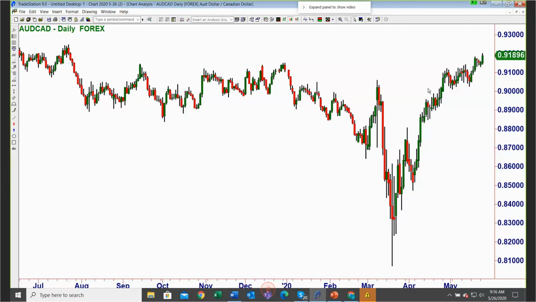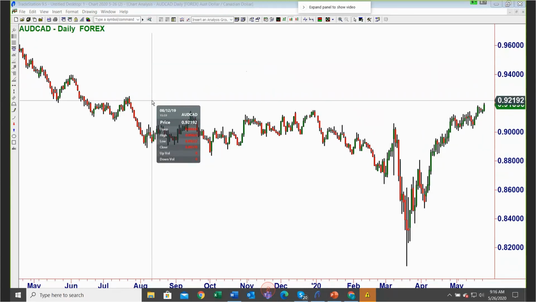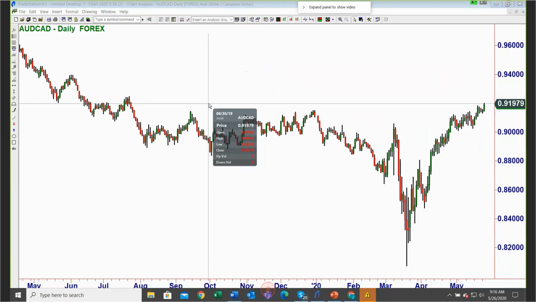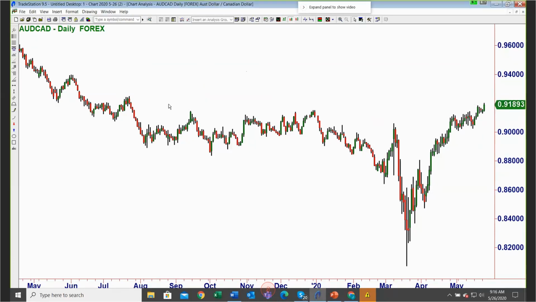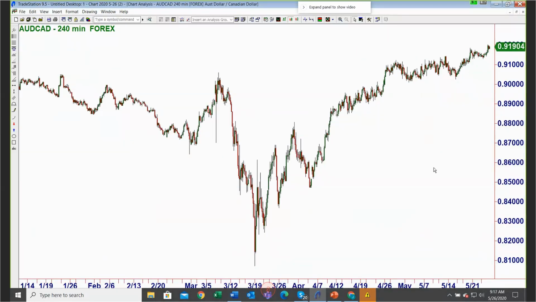So I'll always just quickly go to the daily, weekly chart, just see where we're at here. So we see prices up at an area that it's been to before, and it's fallen from. But because we've been here a number of times, it suggests that there's not as much supply now as there was before. We do have some fresh demand not too far below, so that kind of gives us a general idea of what we'll look for and take as we go down to smaller time frames.